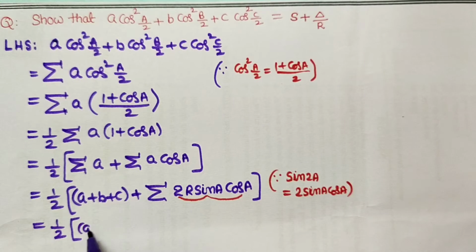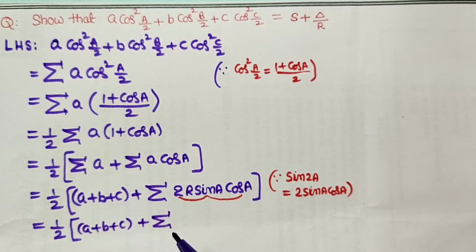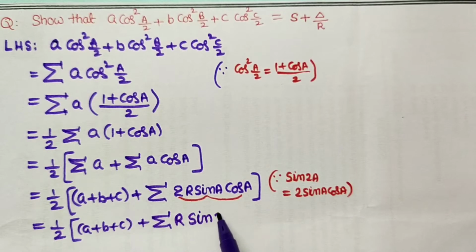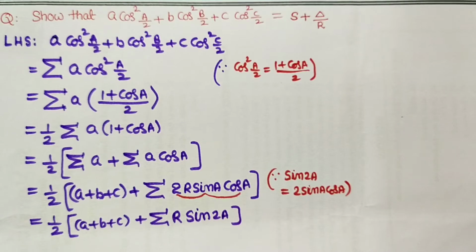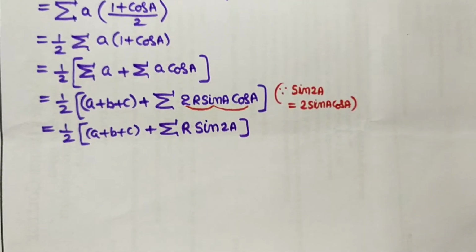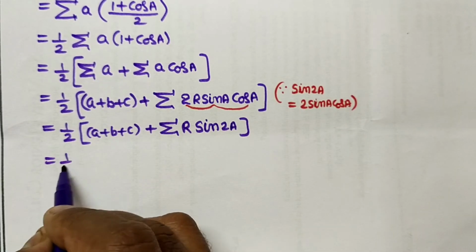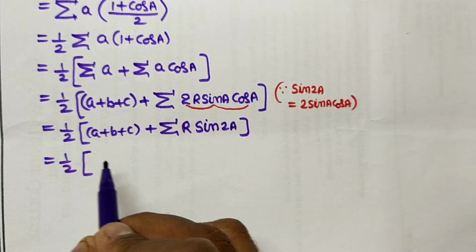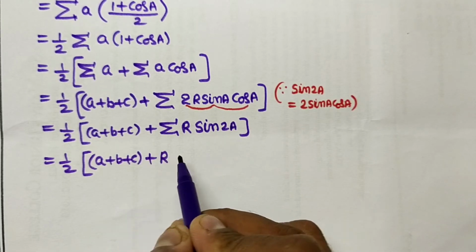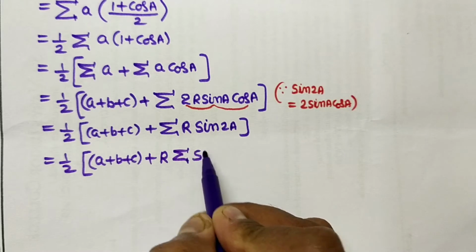First you write it, after that we will write it in terms of s. Plus sigma, except R, the remaining 2 sin A cos A is sin 2A, so R into sin 2A. After this step, we take R common. We can take outside 1 by 2, a plus b plus c, plus capital R, which we can take outside of the sigma, and sigma sin 2A.